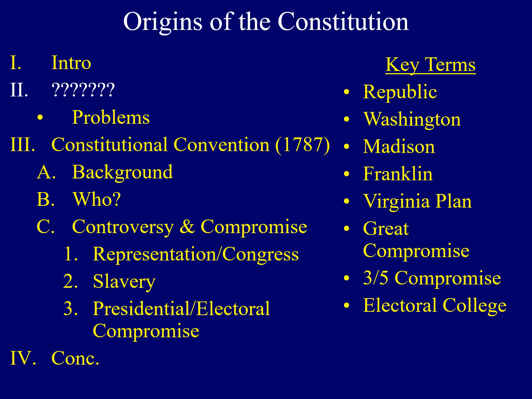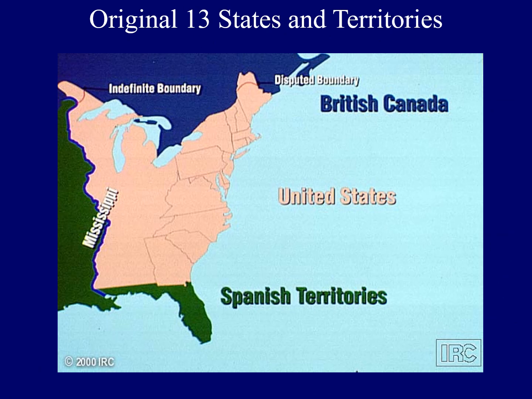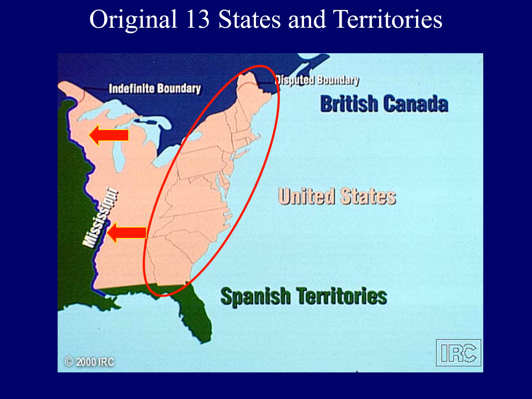So I'd like to begin by talking about the first Constitution of the United States and some of its problems. This map identifies the land included in the original 13 states and territories at the end of the American Revolution. Notice the area in pink on the right, the eastern seaboard. Well, those included the first 13 colonies that eventually became states.